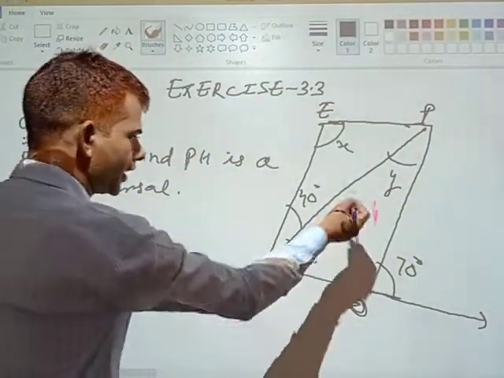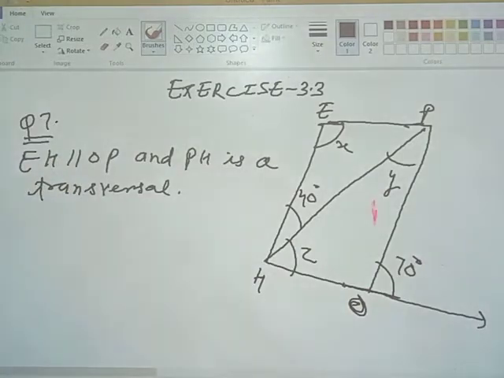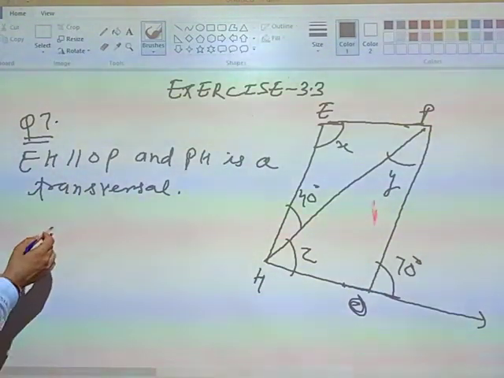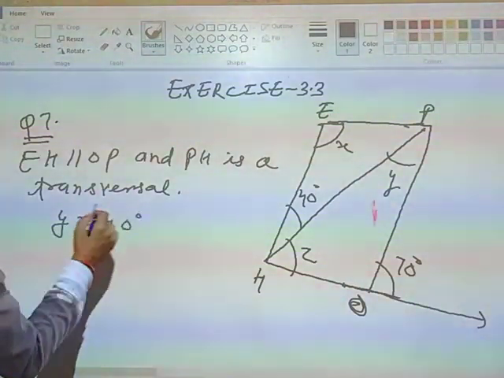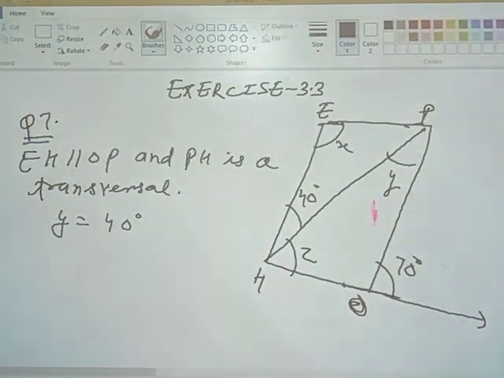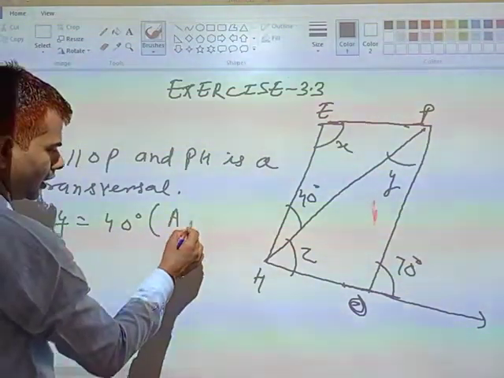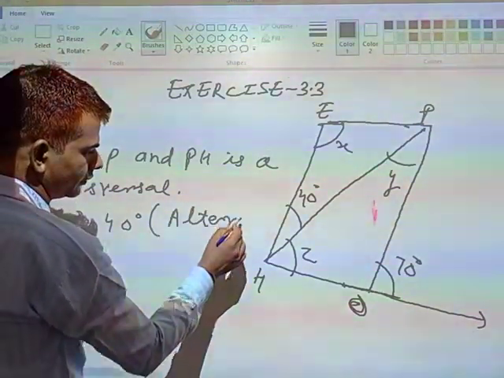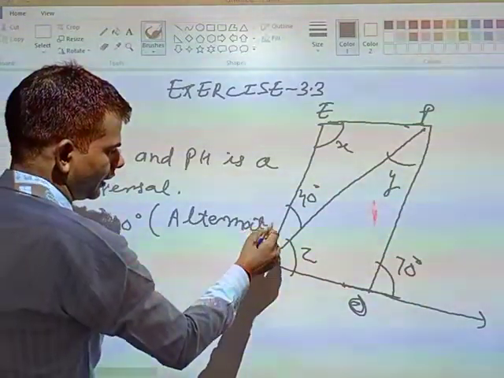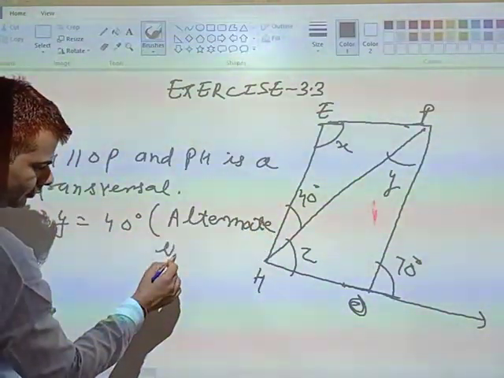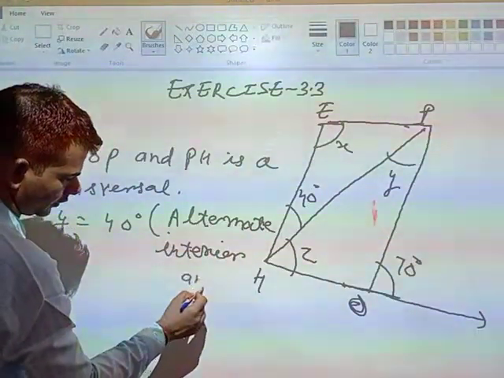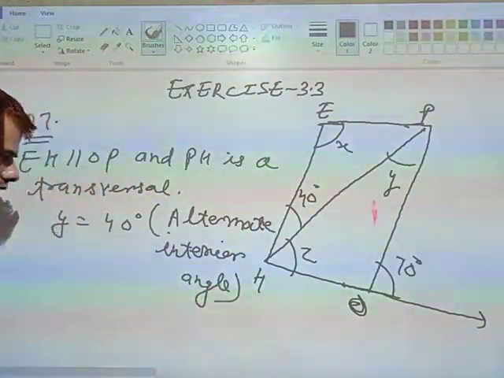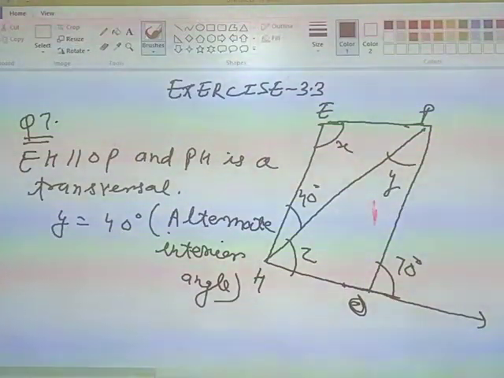Therefore, Y is equal to 40 degrees, because of alternate interior angles. Students, any doubt, any problems?